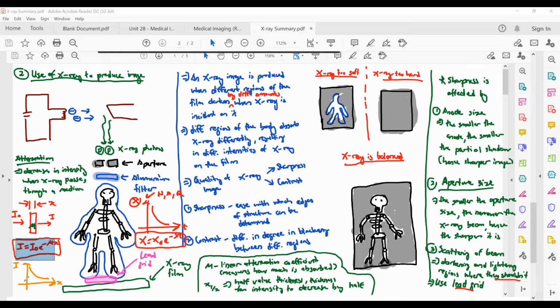When you're talking about intensity of X-ray as it's passing through a medium, you know that the graph looks like this. It's an exponential decay like this. So the equation that represents the intensity can thus be written like this, where intensity at any particular thickness or any particular distance x is actually equal to I naught exponential negative mu x.